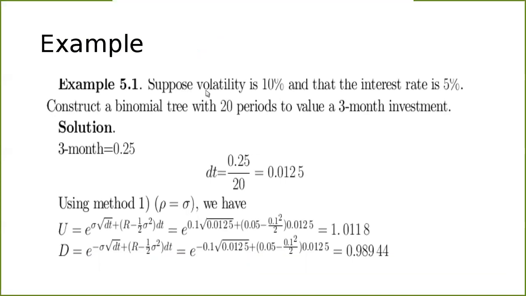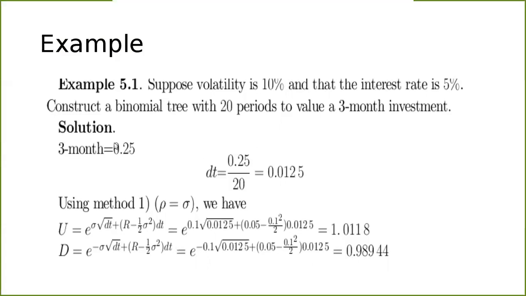If we know from real financial data that volatility is 10%, for example, and interest rate 5%, and our task is to construct a binomial tree with 20 periods to value a 3 months investment.